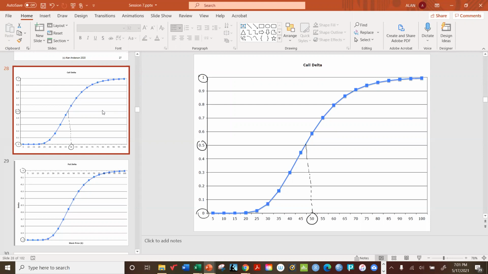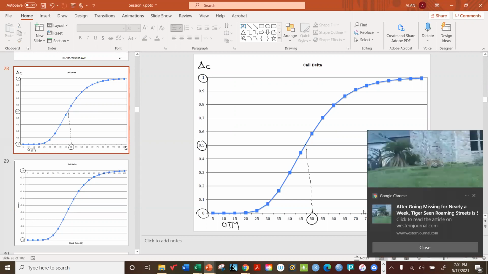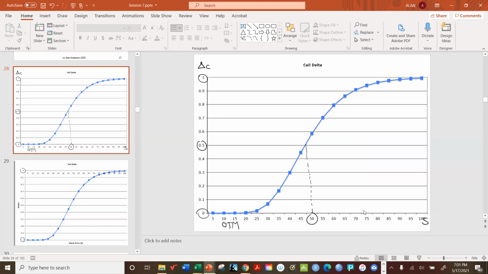On the vertical axis, I have delta, and down here I have S. You can see when the option is out of the money, the delta is very low and it stays low. It takes a lot of increase in the stock price for it to start to go up.